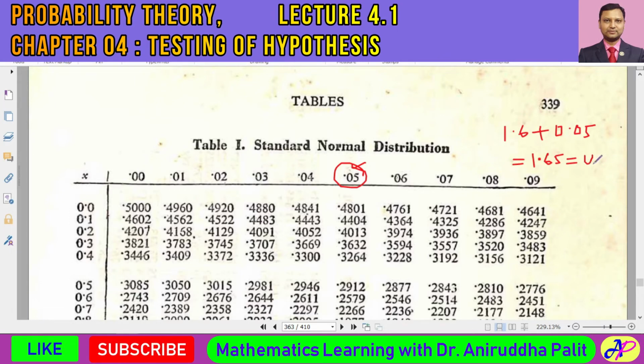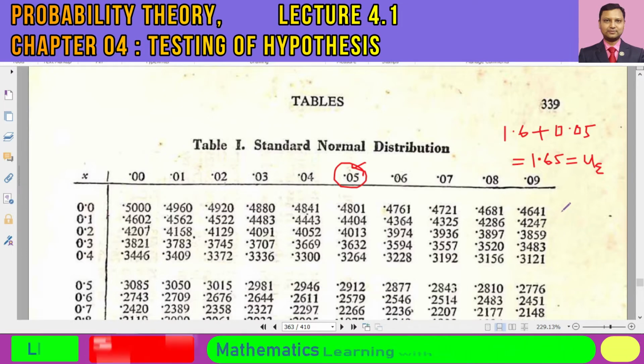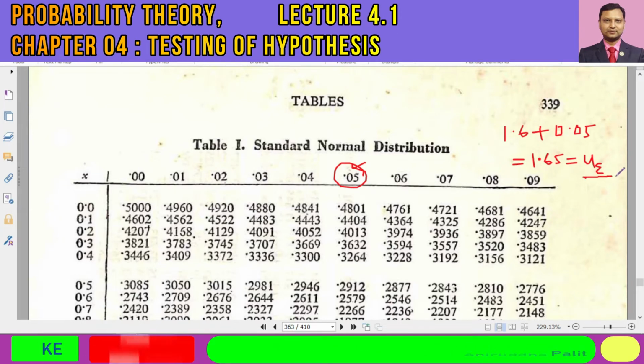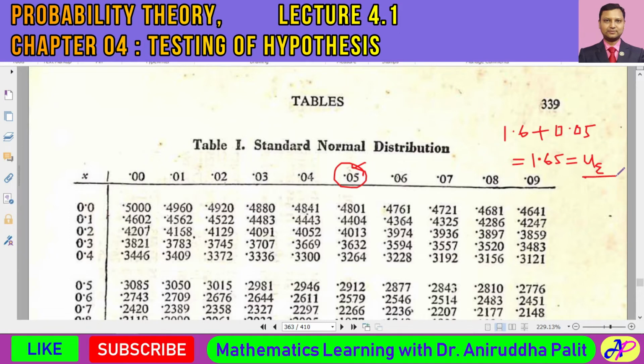That would be the value of U epsilon. All right. So in this fashion, you would be able to identify this value of U epsilon from the standard normal distribution table. Now let's get back to the previous question where I left.